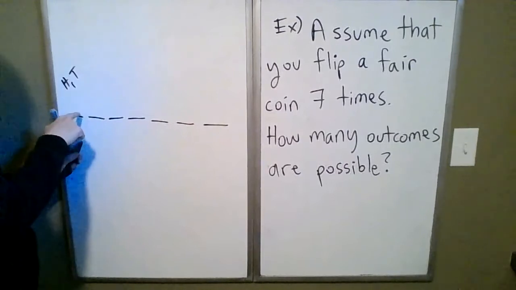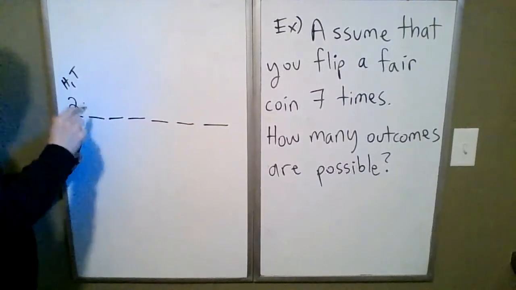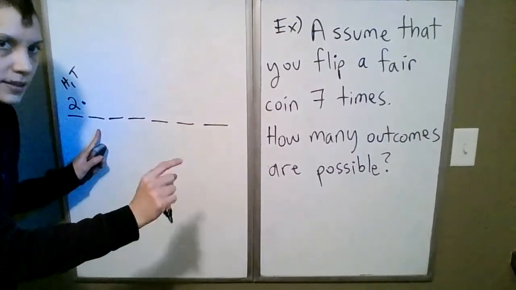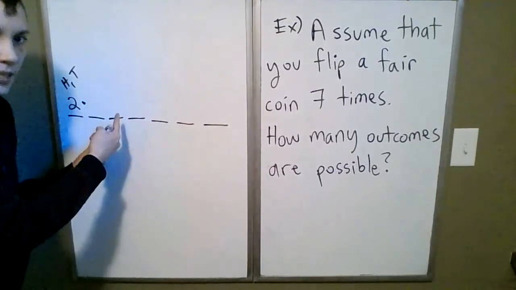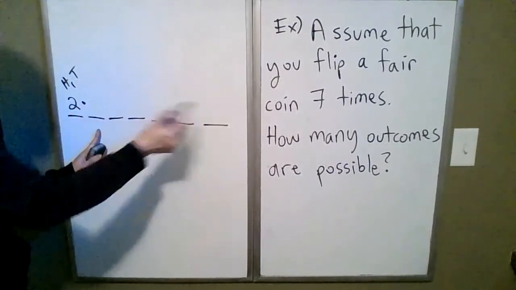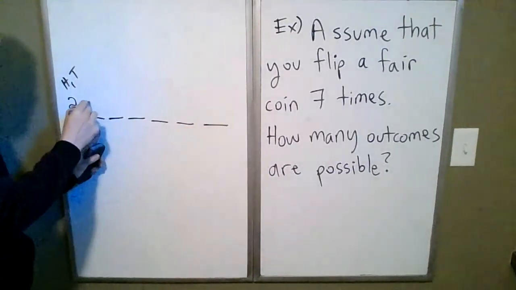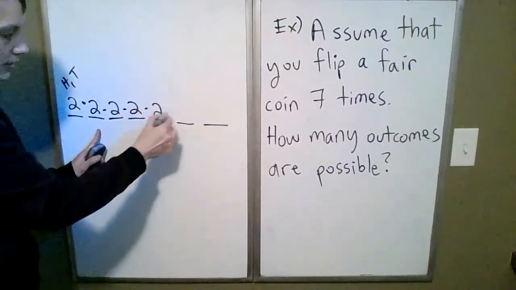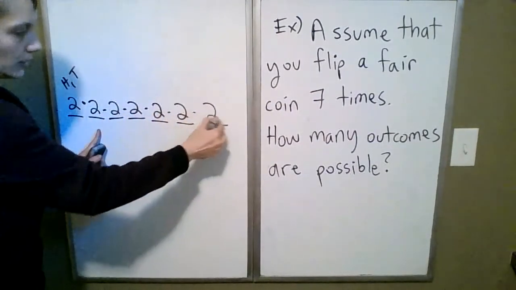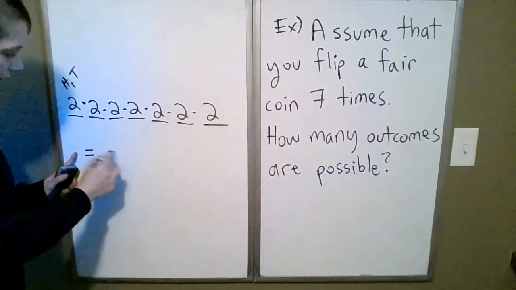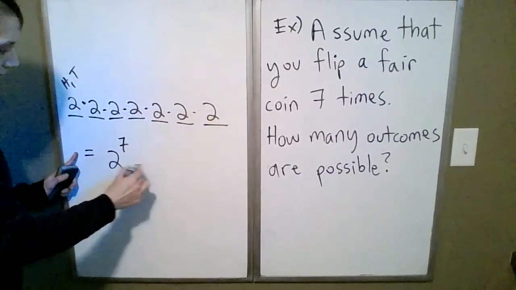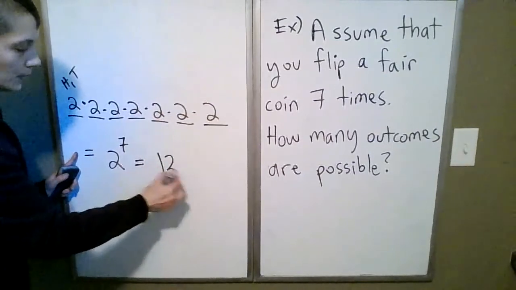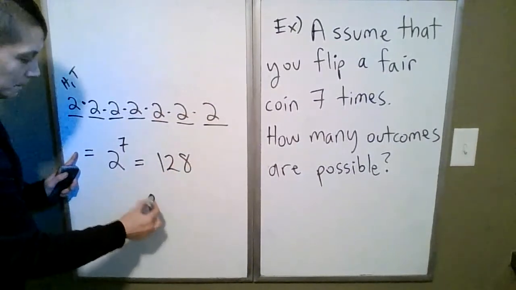So those are 2 choices. Multiplied with whatever happens in the next flip, which is the same coin, heads or tails. It's 2 choices for all of the flips that we do. So every time it's heads or tails. Multiplied with each other, which would be 2 to the 7th. And it turns out to be 128.